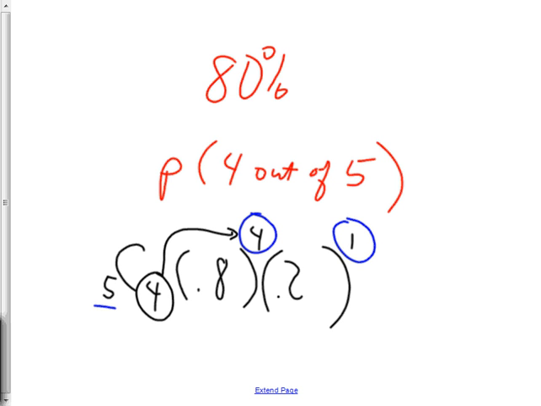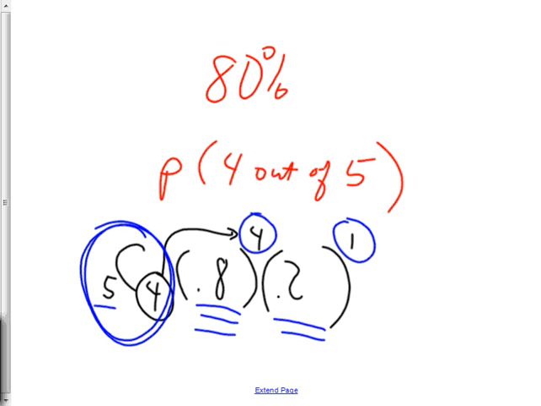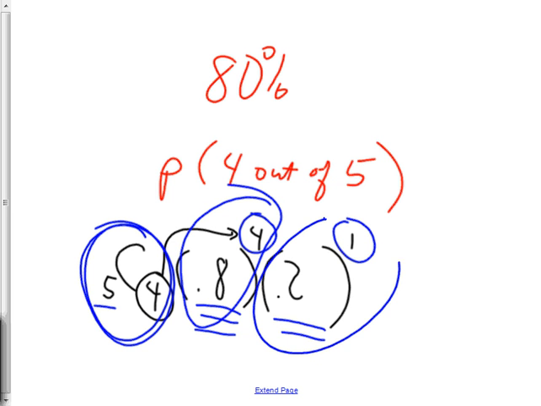All right, and you have done it correctly. That is the probability that I will get 4 makes and 1 miss. This tells me how many different routes, if I had done a tree diagram, would be like that. And that's why you have to multiply by that, because there might be 5 routes that would have 4 .8s and 1 .2.